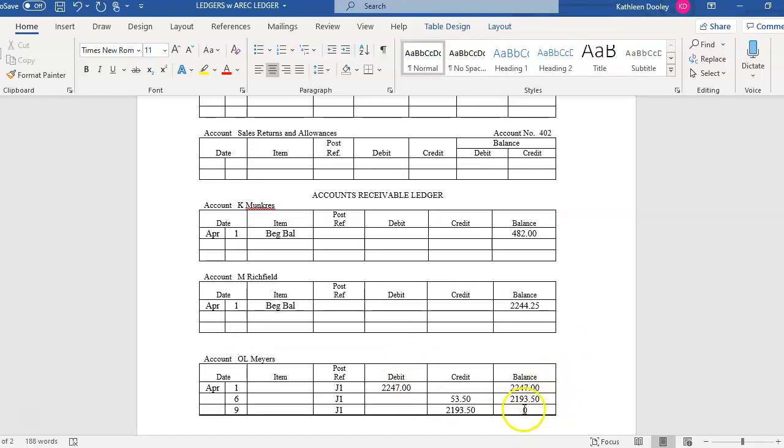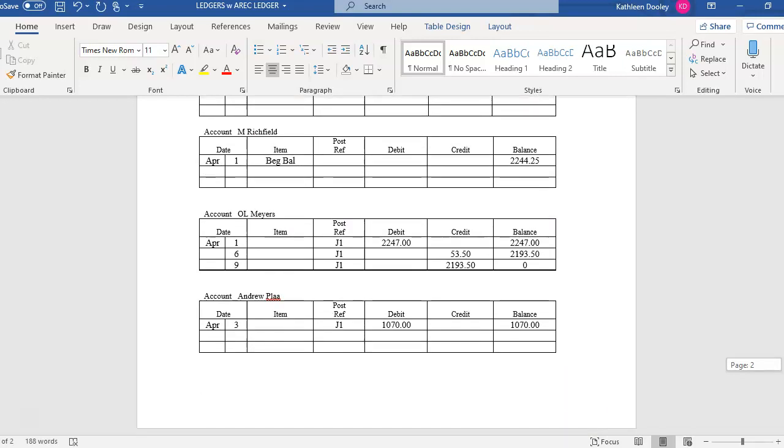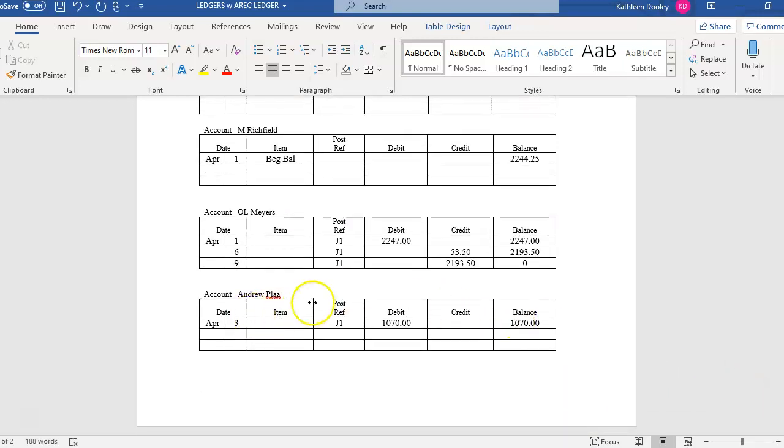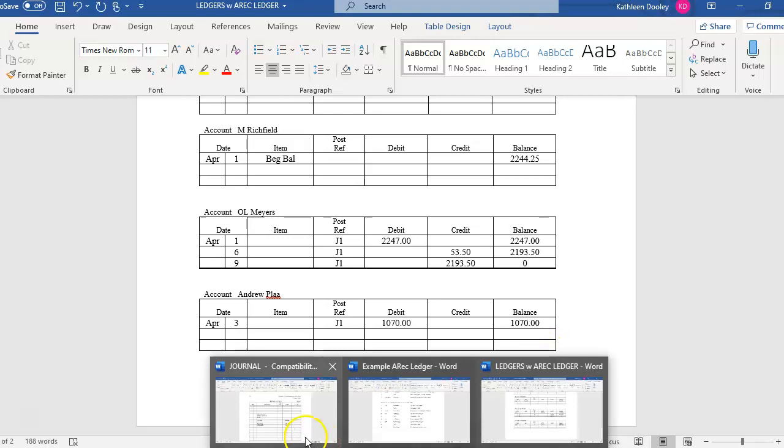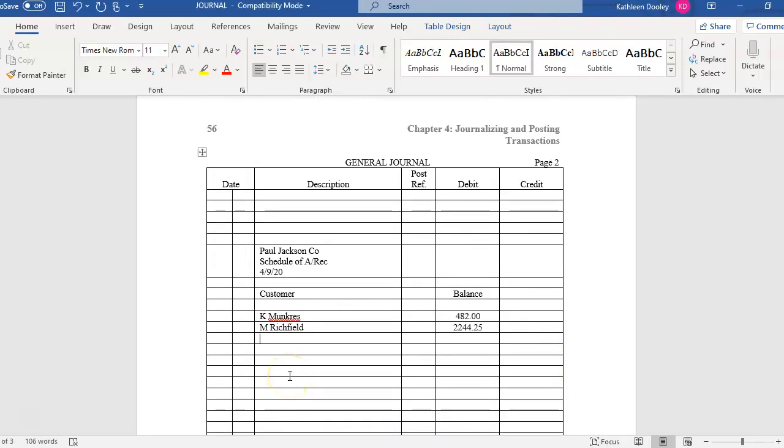Now, O.L. Myers doesn't owe us anything. There's a zero. So I'm not putting them on the list. Okay, and Andrew Play owes us $1070. Okay, Andrew Play. Okay, and we're going to total that up.